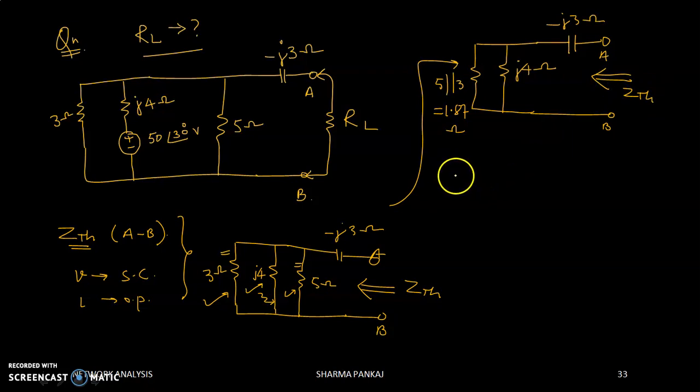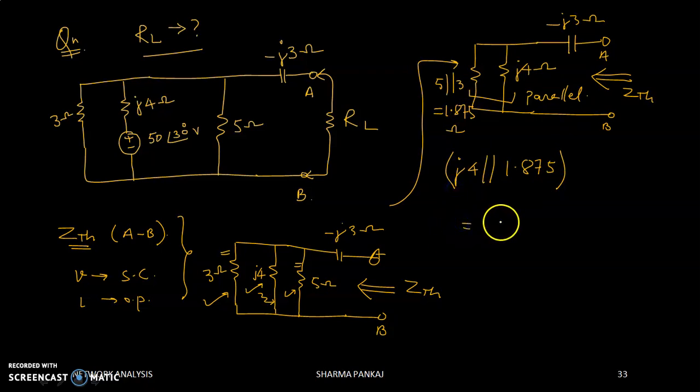Now this is in parallel, so we are going to add in parallel. J4 is in parallel with 1.875.